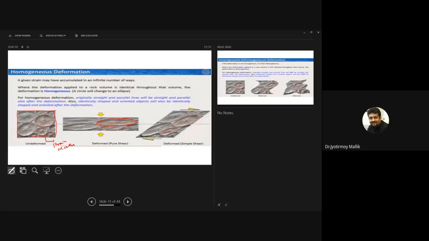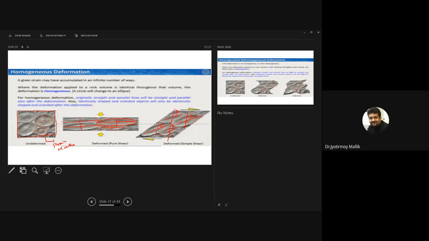Say, for example, if I calculate the aspect ratio here, and here, and here, between the major and the minor axis, I will attain the same value. Similarly, here is my simple shear deformation. If I calculate the angle theta here, and here, everywhere I will find that it is the same angle theta.